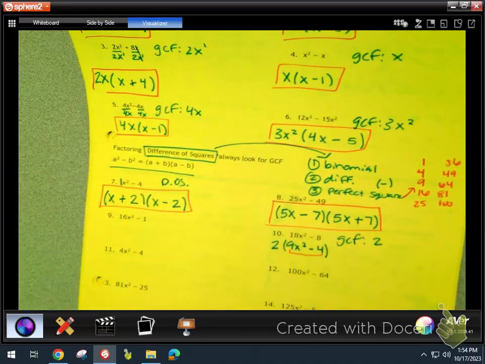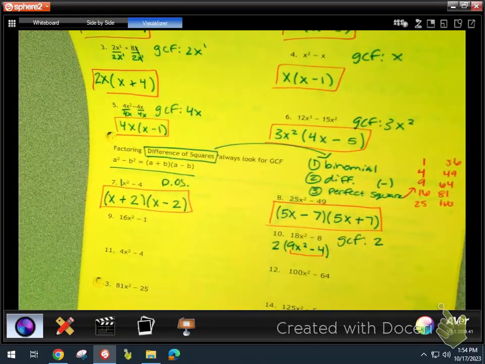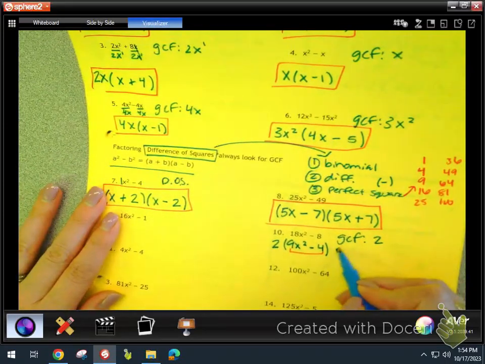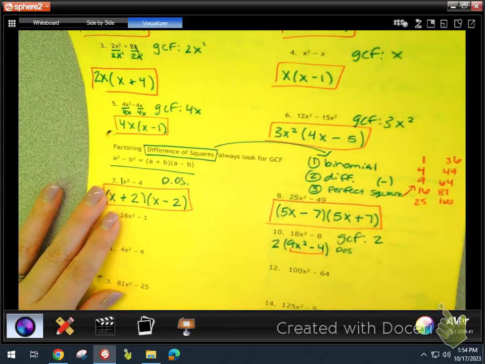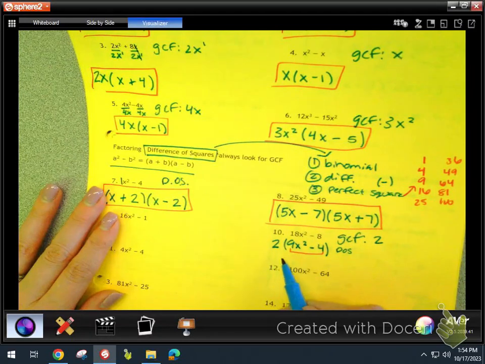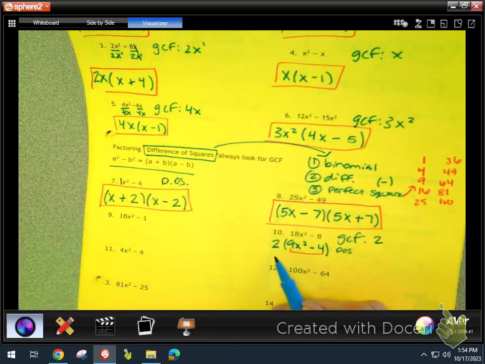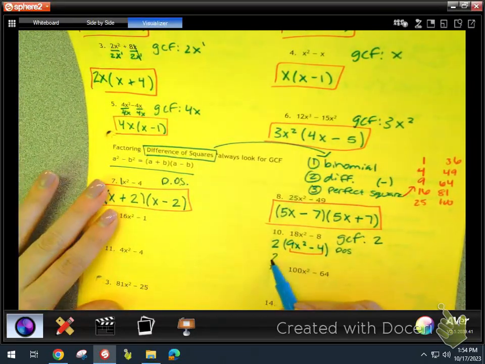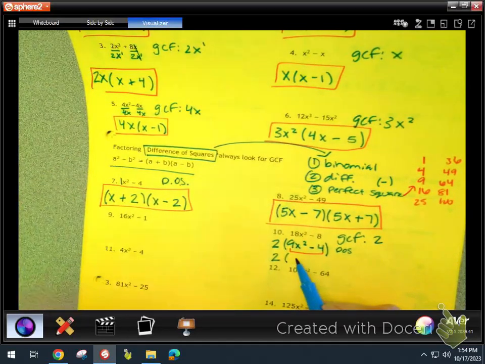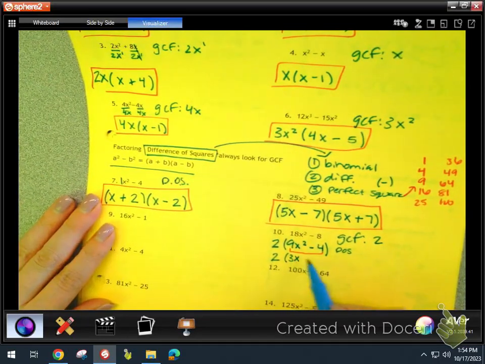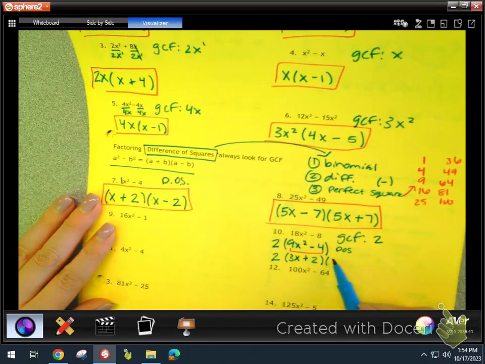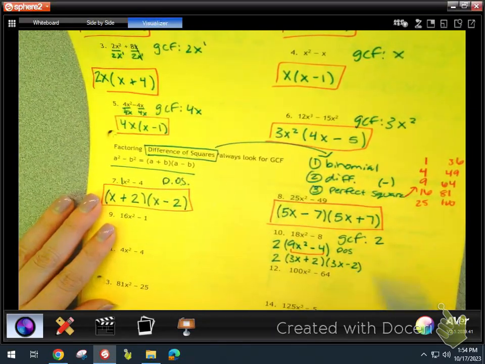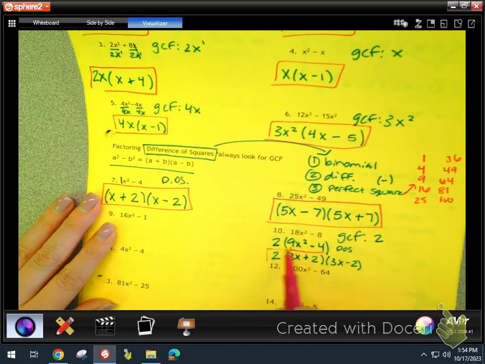Yes. 9 and 4 are in my list. So what's my final factorization? Don't forget the GCF at the beginning. That's got to drop. 2 times square root of 9x squared is 3x plus square root of 4 is 2. Other one is 3x minus 2. So you just got to make sure you check for those GCFs first.